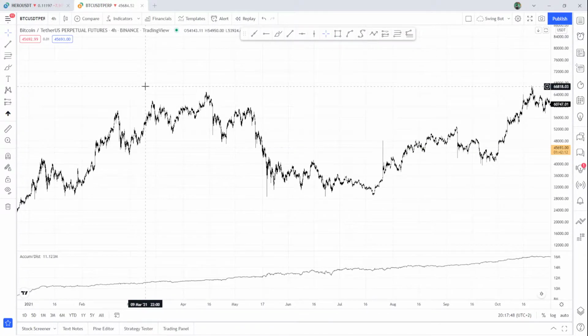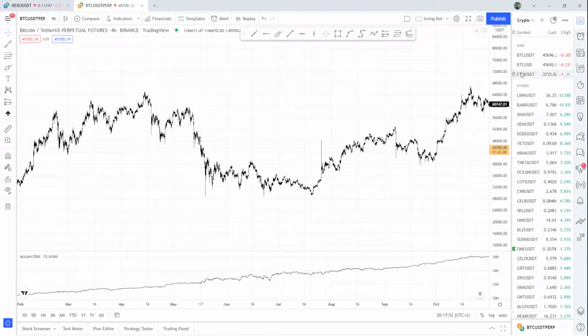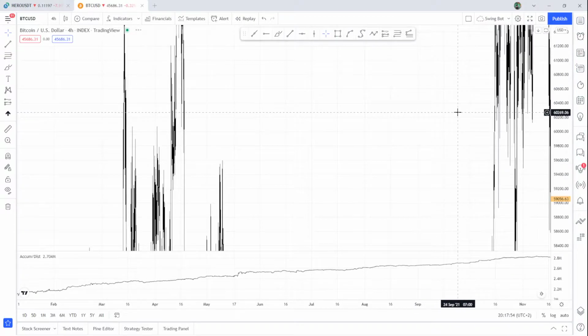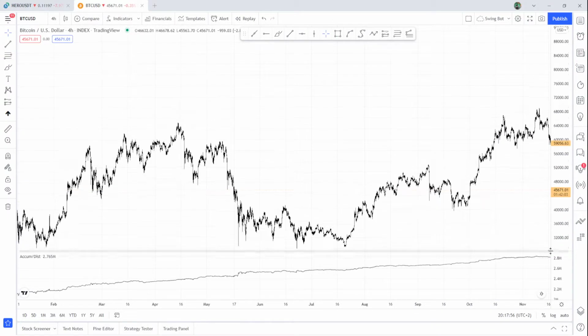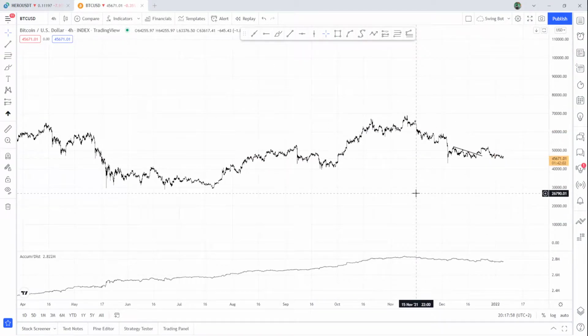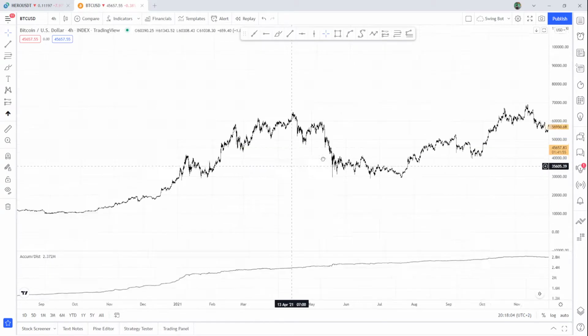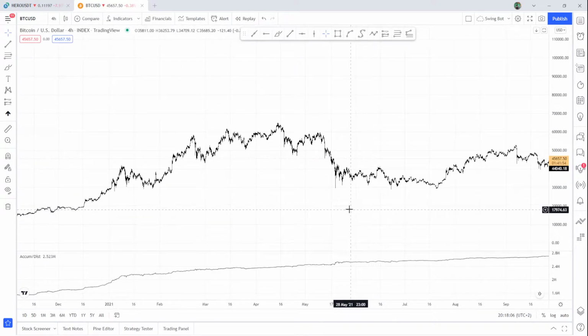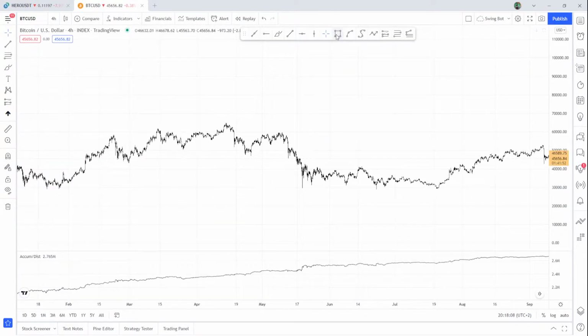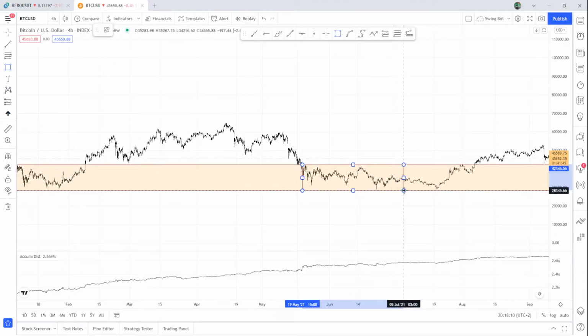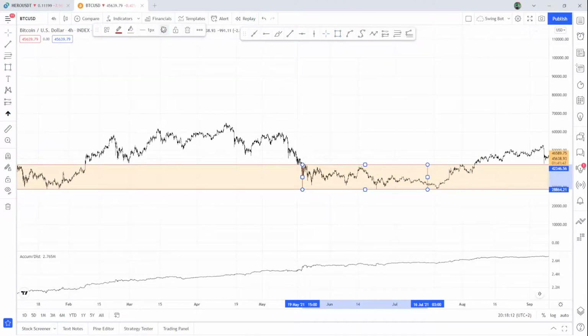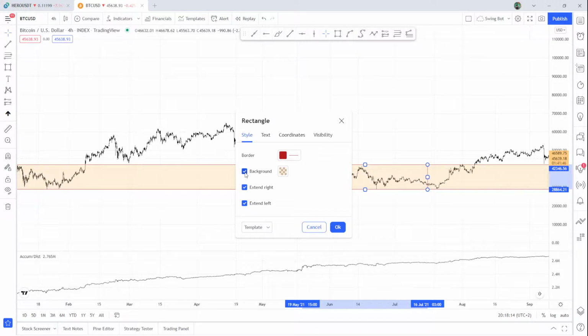So I am on BTC right now. Let me remove all this. So this is accumulation. I'm just gonna highlight the zone.